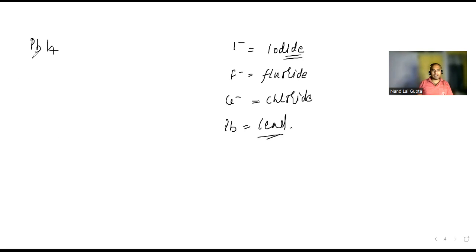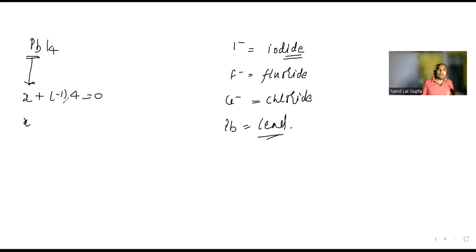First of all, you calculate the oxidation number. I don't know the oxidation number of this, so I consider X. Now, how much charge is there on I? -1 times 4, so -1 multiplied by 4 equals 0.